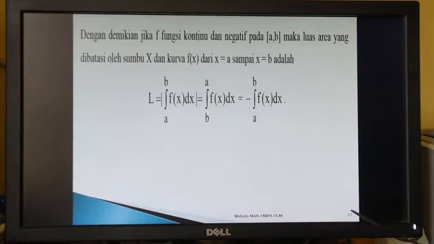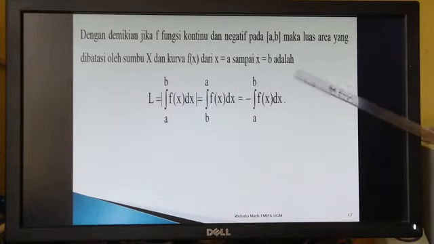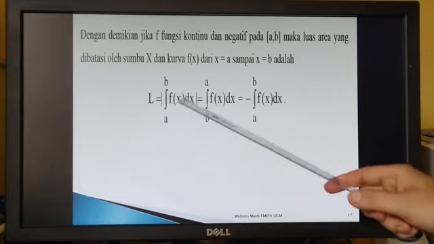So by using these two cases, we conclude that the area of the region is L equals the absolute value of the integral from a to b of f(x) dx.